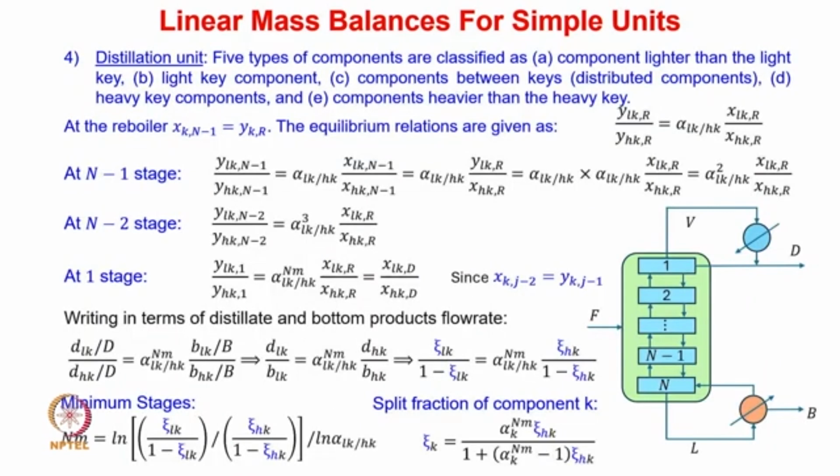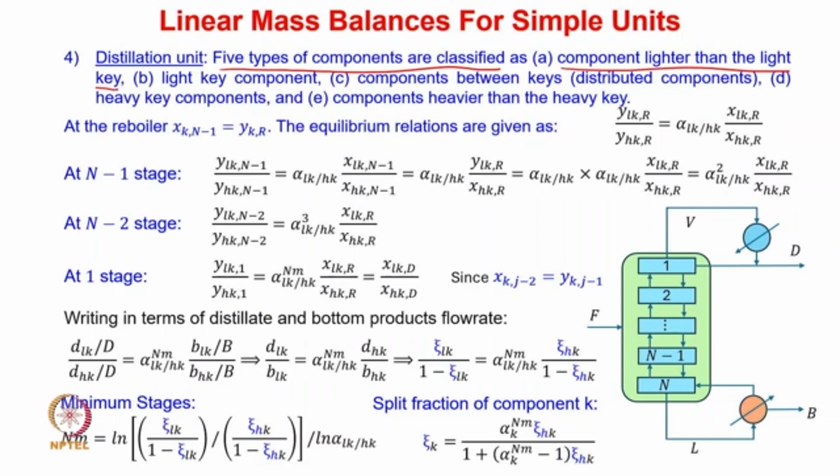So let's look at some of the equations which are required in specifying the material balance for the distillation unit. As I said, in order to simplify the equations, 5 types of components are usually specified. The first component which we are assuming here is a component lighter than the light key.